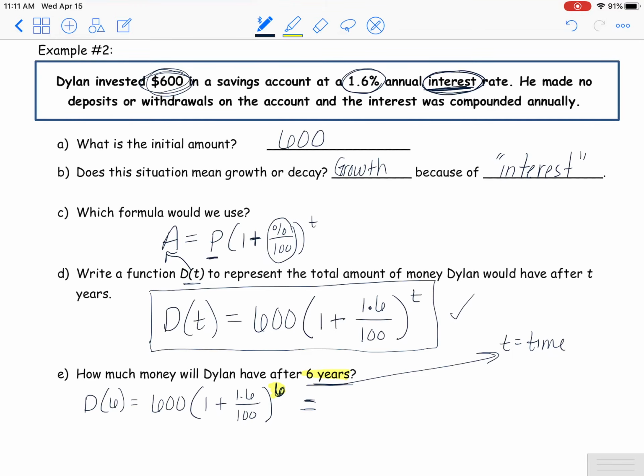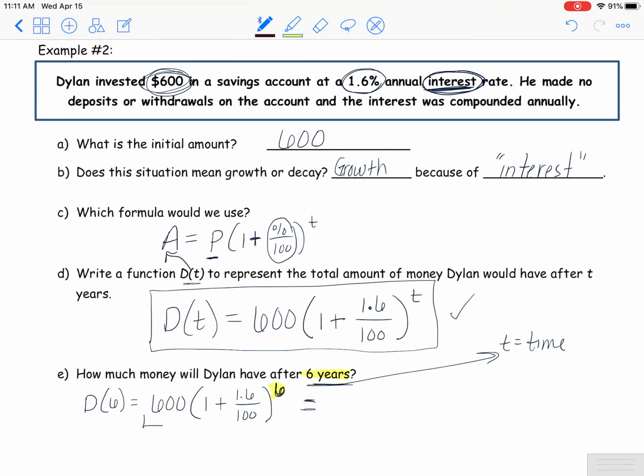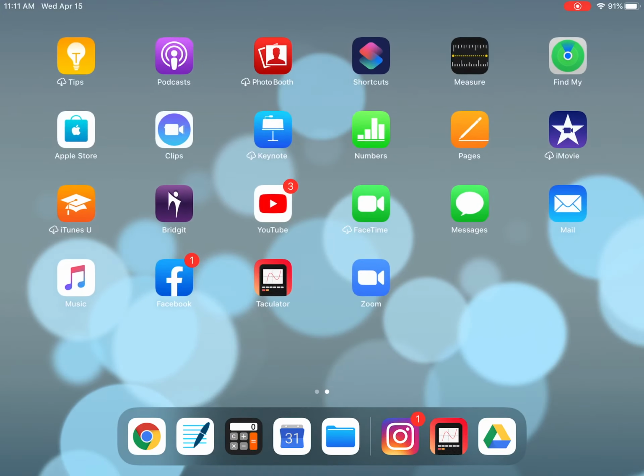Now what has to happen is I now need to type this whole thing into my calculator.